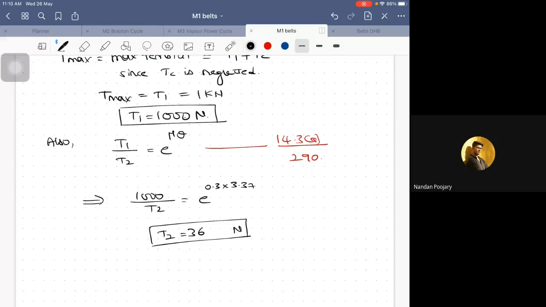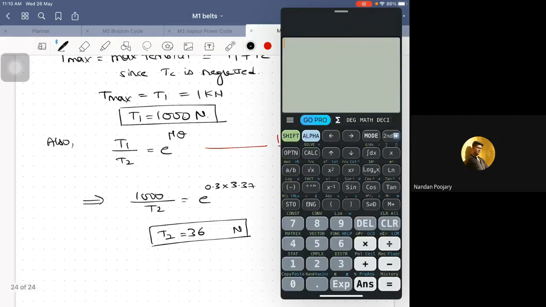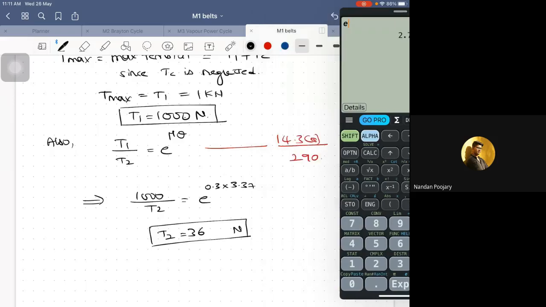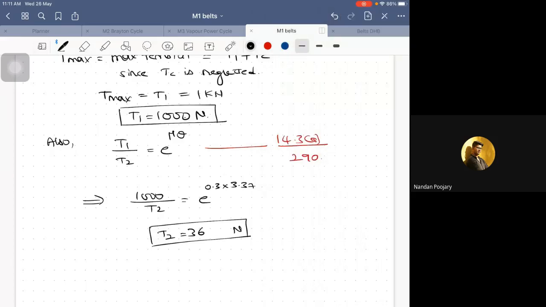It is just 1000 divided by e to the power of 0.3 into 3.37. For e, you have the value 2.71. If you do not get it, you can find it here, alpha exponential. At the bottom line there is the value of e. T2 is 363.8.